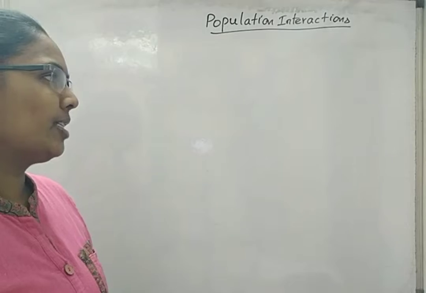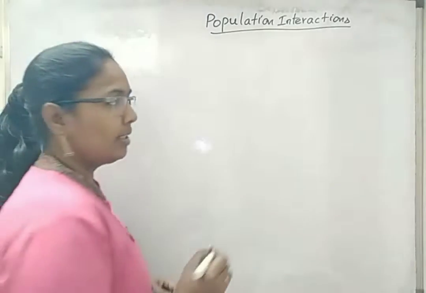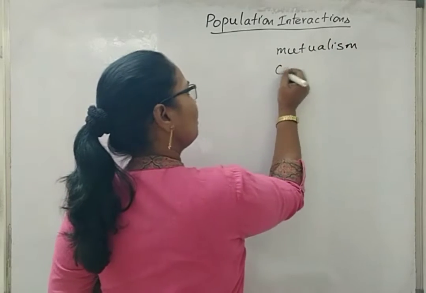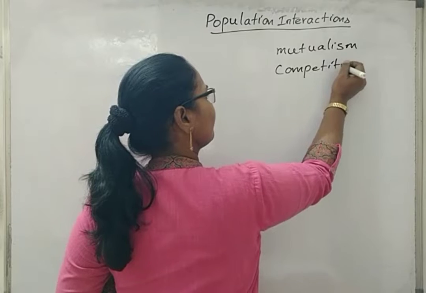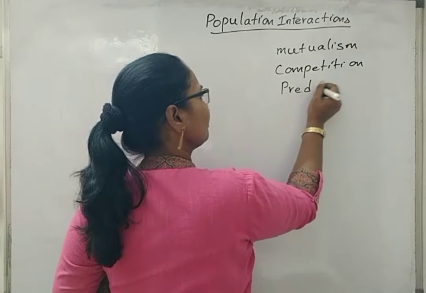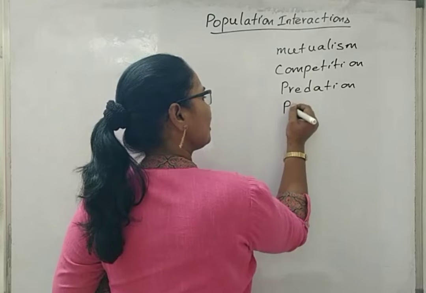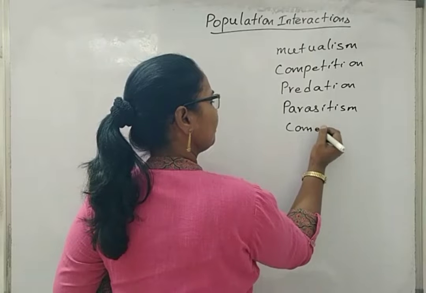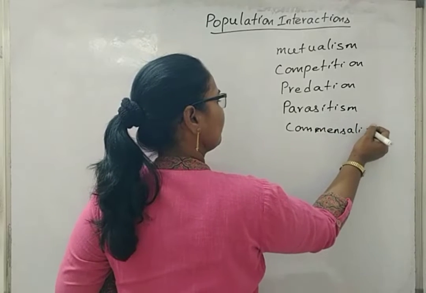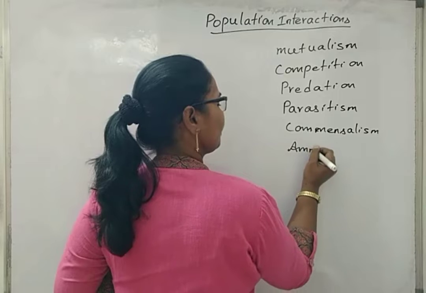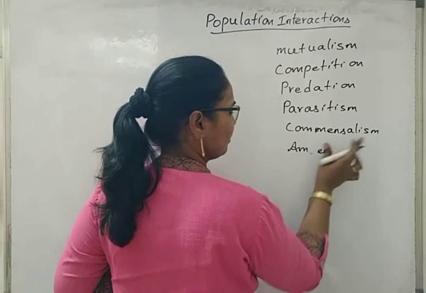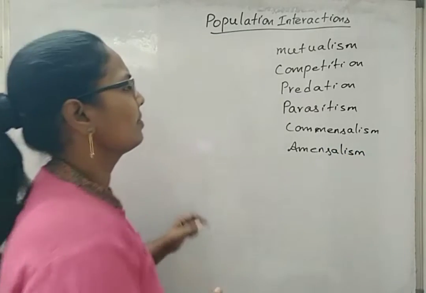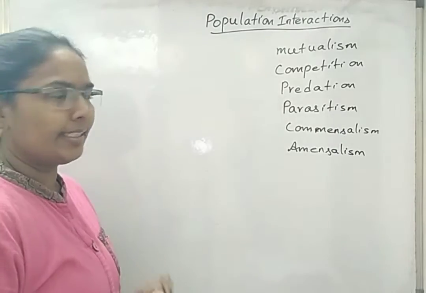These interactions are explained with different terms: mutualism, competition, predation, parasitism, commensalism, and amensalism. These are the 6 types of population interactions.